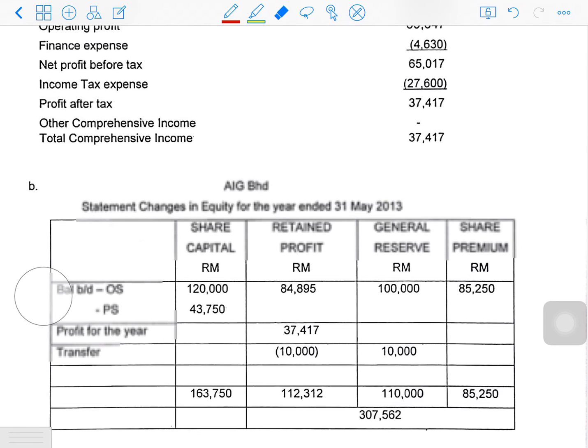Never mind the working for now. Just put in all the items that are available in your trial balance. You have to look back at the trial balance to see which items are available to put in the financial statements.